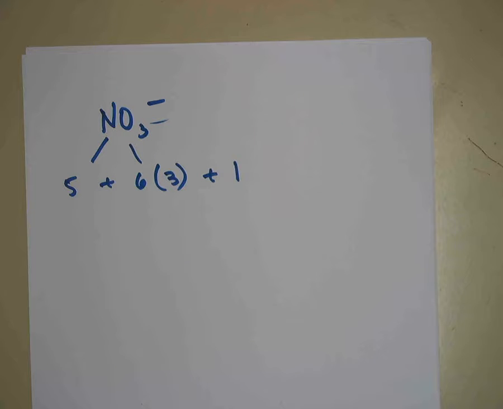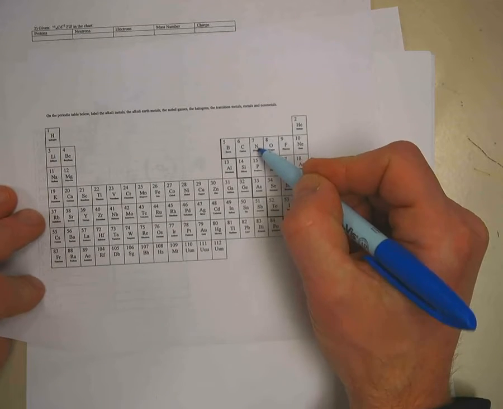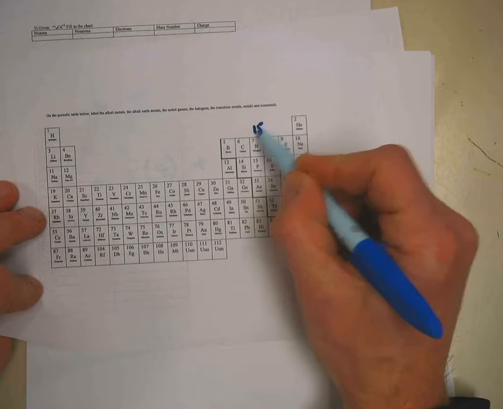If you don't have a periodic table in front of you, you probably want to get one, because you'll want to use it to help you determine the number of valence electrons in a compound. For example, I knew that nitrogen had 5 valence electrons because it was in group 15.